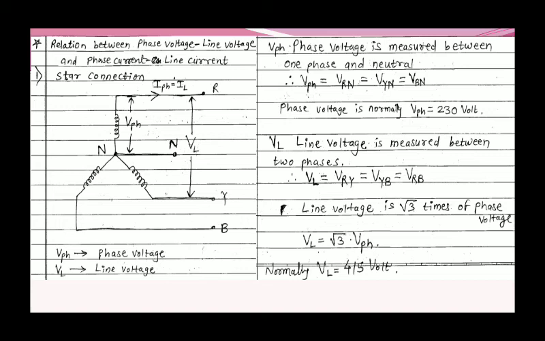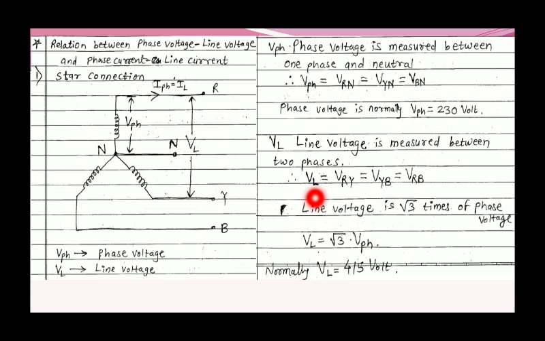As you can see, it is denoted with V and suffix L. So VL stands for line voltage. This line voltage is measured between two phases, meaning two live wires. This is the R wire and this is the Y wire. If we measure between two live wires, then it is called a line voltage.